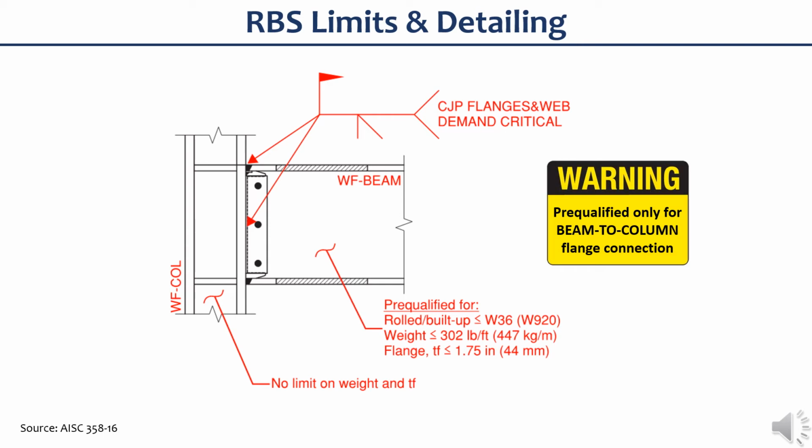For the column part of the SMF, however, weight and flange thickness are not limited. Please note, again and again, RBS is only pre-qualified for beams connected to the column flange and not to the column web.